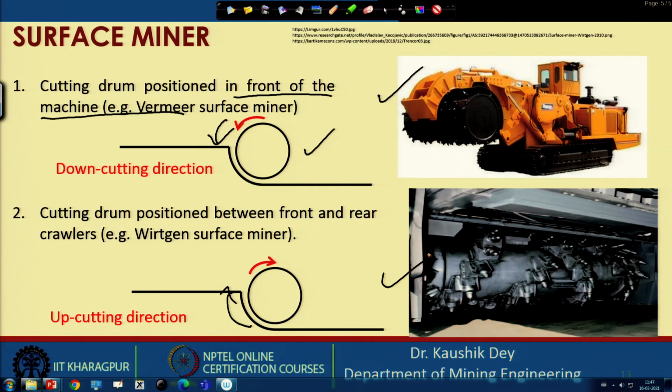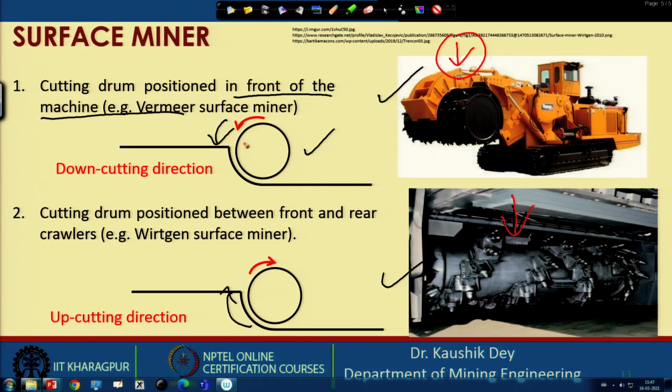The basic difference is that in this case the machine weight is acting on the drum and gives an additional normal force. Here the drum has to be made heavy, so that sufficient normal force can be given.